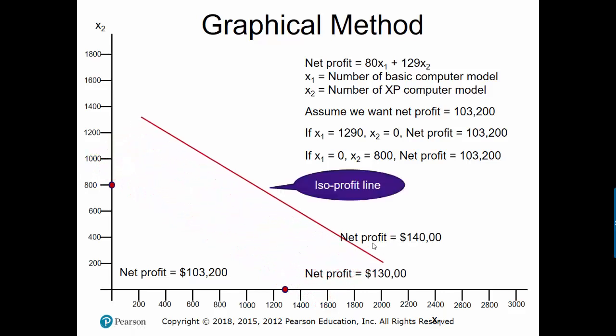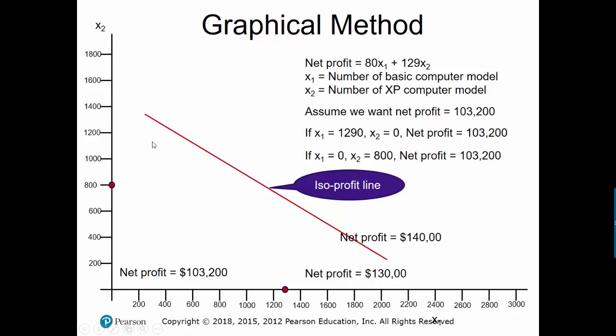Now our idea is, we take that line and we want to increase profit, as long as you don't change the slope of this line. If you change the slope, then 80 and 129 will no longer hold. So we want to maintain this; you can't change the profits for these two variables.